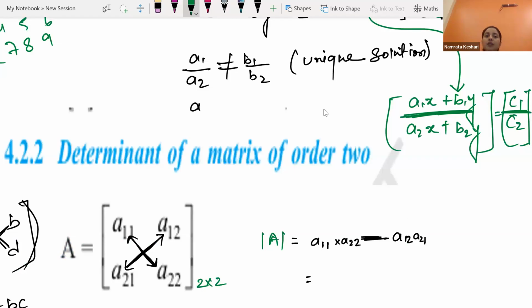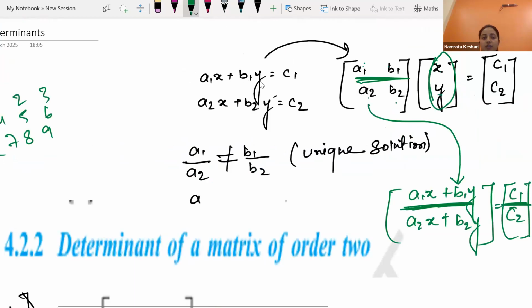Yes. Okay, so when we have a linear equation like this, we can also represent it in the form of a matrix like this. And now I am telling you, when you find a single number from the matrix, that we call a determinant. There is a whole process of finding determinants which we have just started discussing.